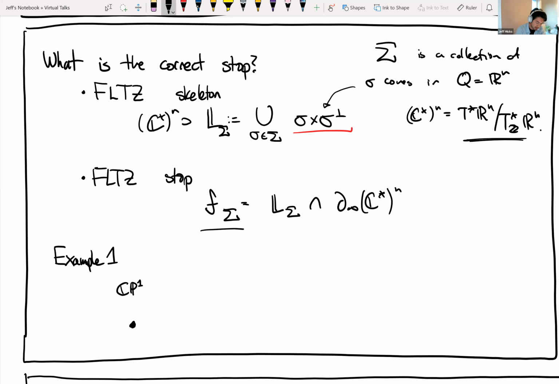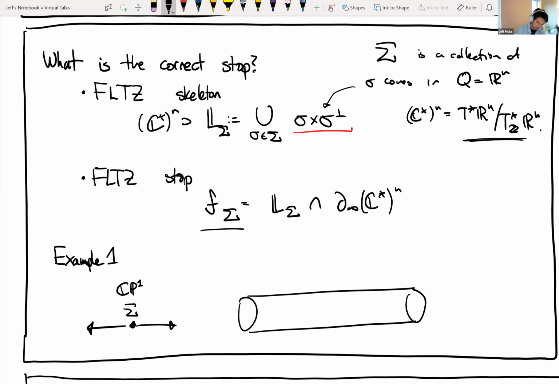So the example for CP1, the fan for CP1 looks like this. The FLTZ skeleton will have 3 components, which look like these 3 Lagrangian subspaces.